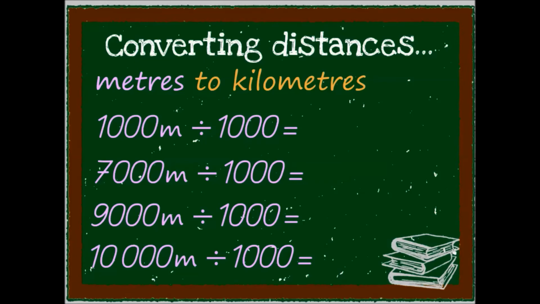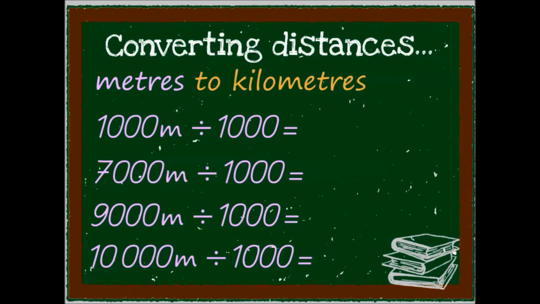Now, every 1,000 meters is 1 kilometer. So if I want to write a distance that I have in meters as kilometers, I have to divide by 1,000. See, every time I have a smaller unit that I convert to a bigger one, I divide.